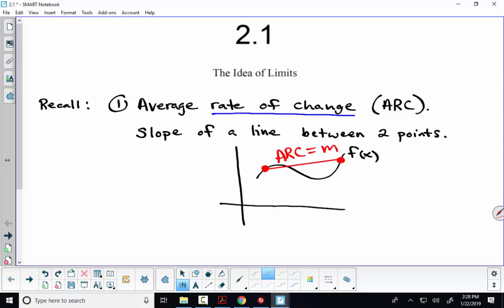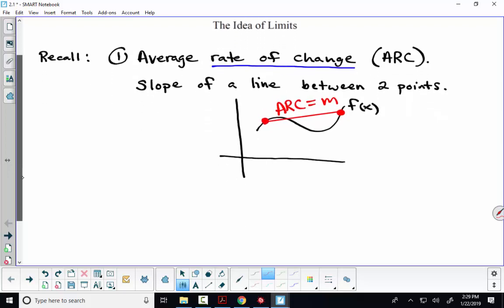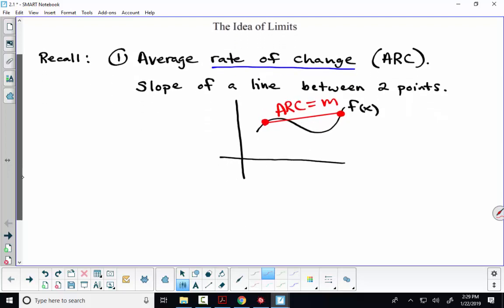We'll just use M for slope. That's a physical interpretation of what slope is. When we start looking at limits, and especially derivatives, we look at both a physical interpretation and a more straightforward mathematical interpretation.